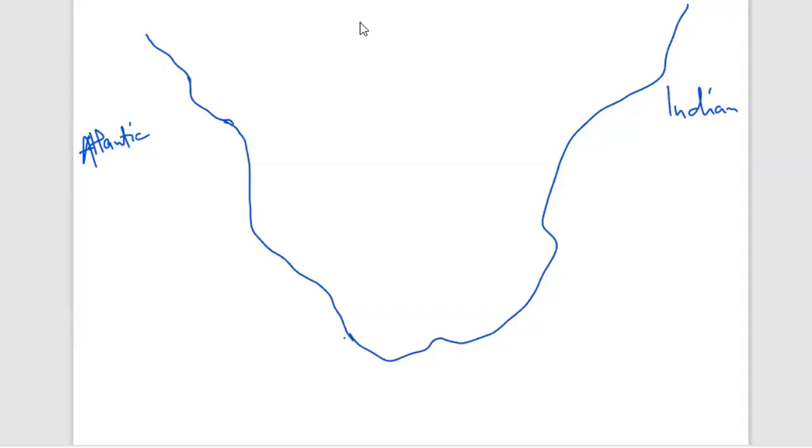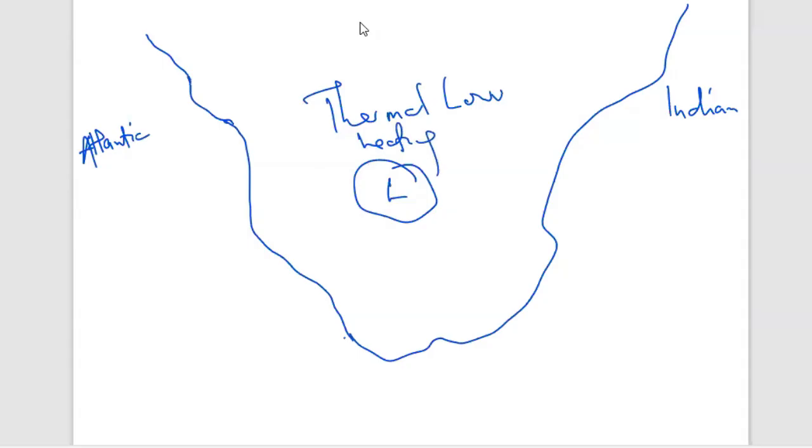We tend to find that over the interior here, if you are having a dominance of a low pressure cell, like what I've mentioned earlier on, we said it's a thermal low. Thermal low, meaning it is caused by heating. When the ground surface is heated intensively, they tend to develop a low pressure cell because of the convection currents which set in. So if you see the dominance of a low pressure over the interior, it suggests that it's summer.